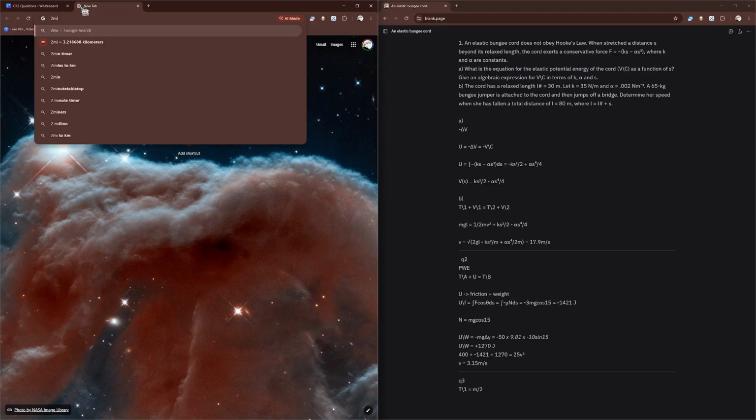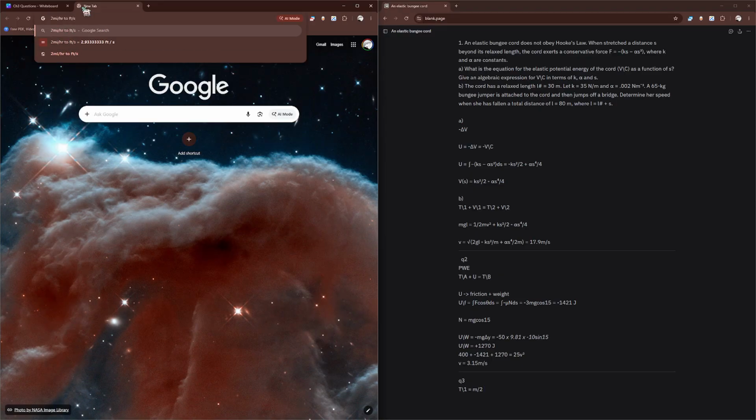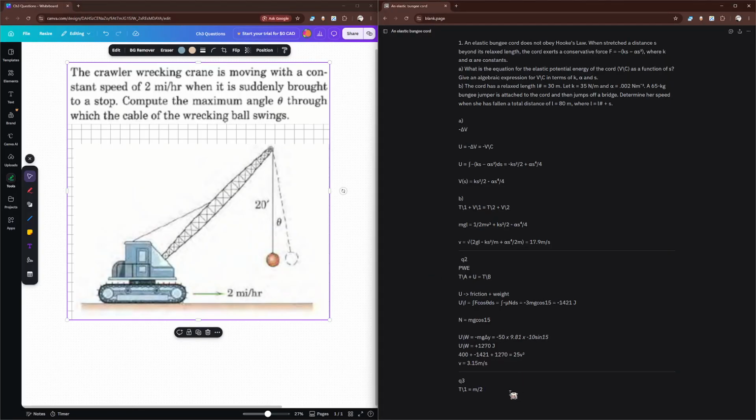Let's see, 2 miles per hour to feet per second. 2.93. Okay, so times 2.93 squared. Just like that. Very nice. So we know that T2 is 0.